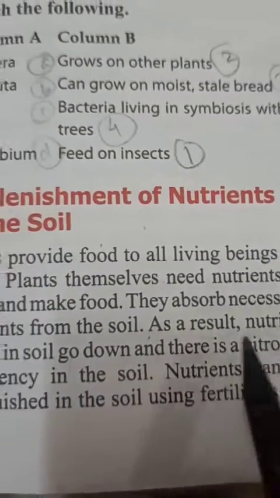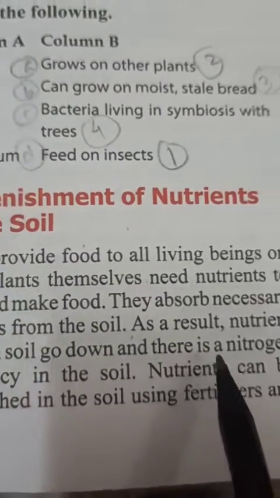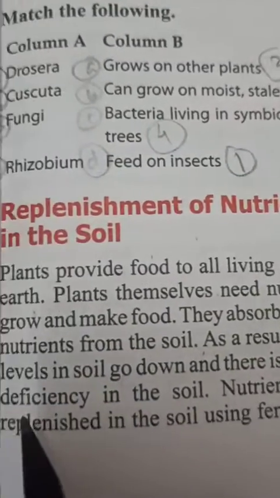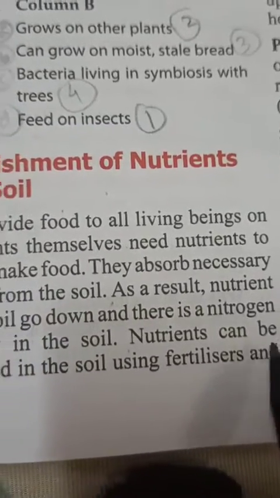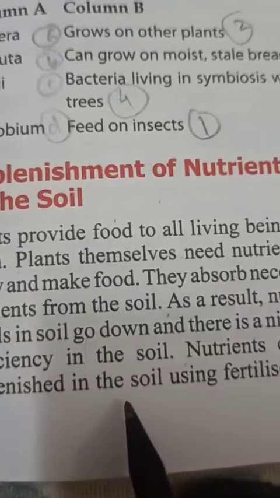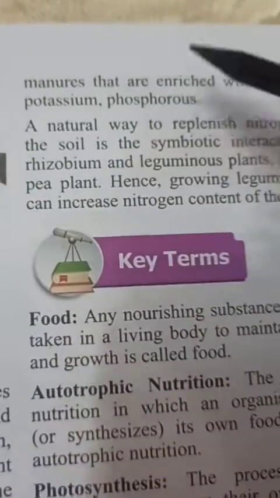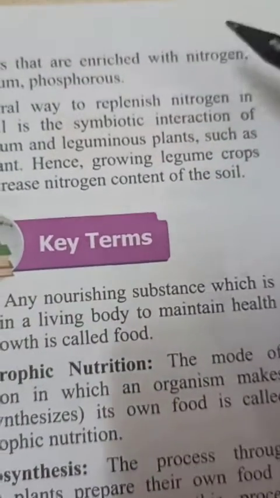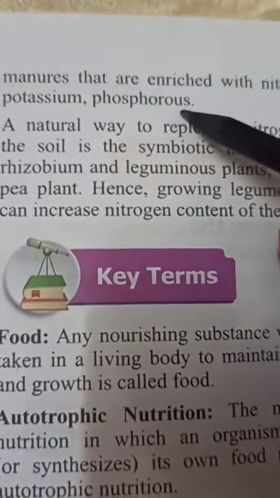As a result, nutrient level in the soil goes down and there is a nitrogen deficiency in the soil. So nutrients can be replenished in the soil using fertilizers and manures that are enriched with nitrogen, potassium and phosphorus.